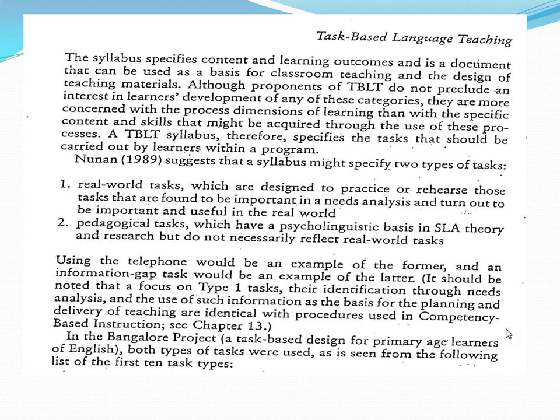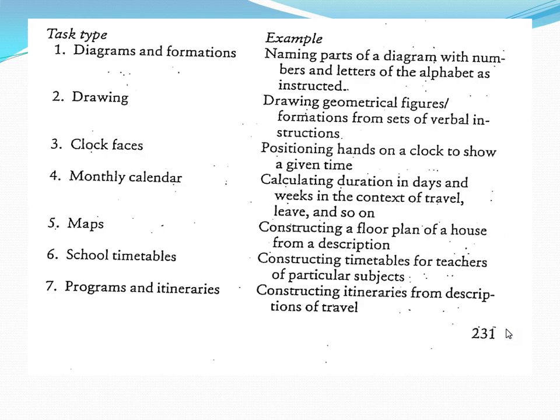But our target is that you have to learn the second language. And in such a way, there are some task types, not only the same categories of tasks. Diagram and formation: naming the parts of a diagram with numbers or letters of the alphabet as instructed.